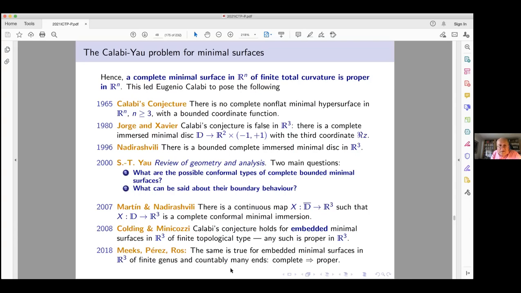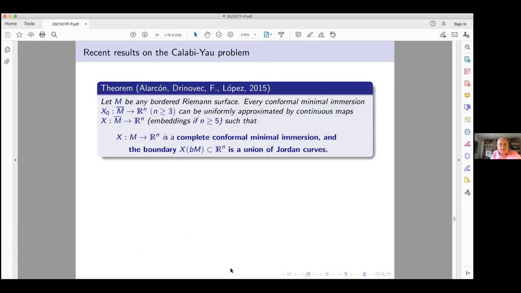Okay, so let me now explain the new theorems. The first main new theorem was published in 2015 with a completely different construction technique.